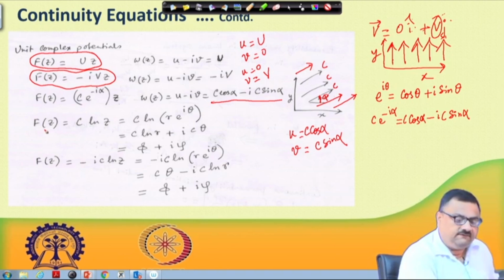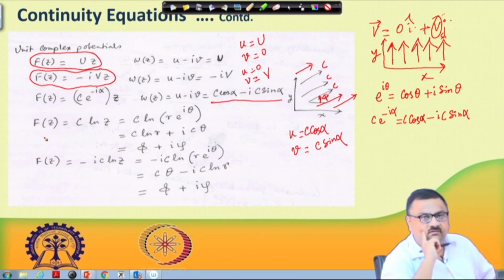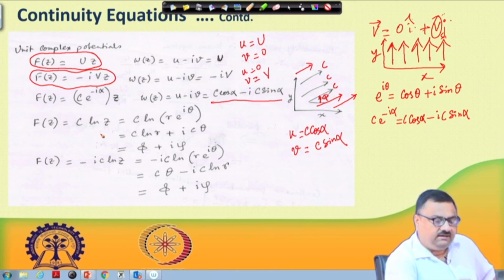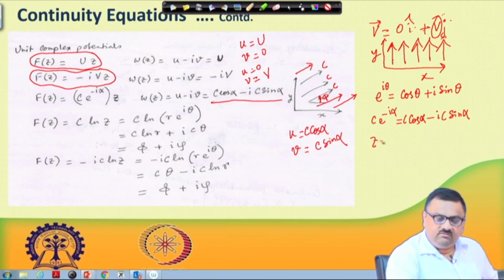Similarly, you can have the elemental flow fz equal to c ln z. c ln z can be written as c ln of x plus i y, where z is equal to x plus i y.